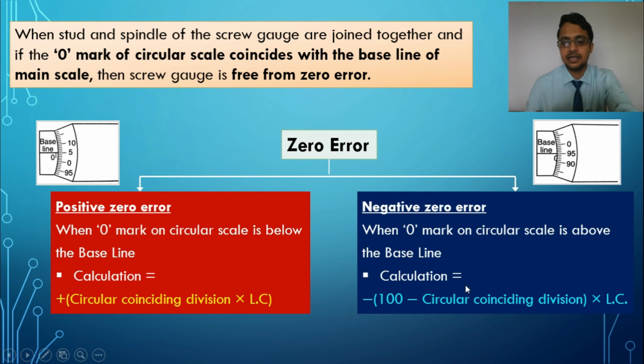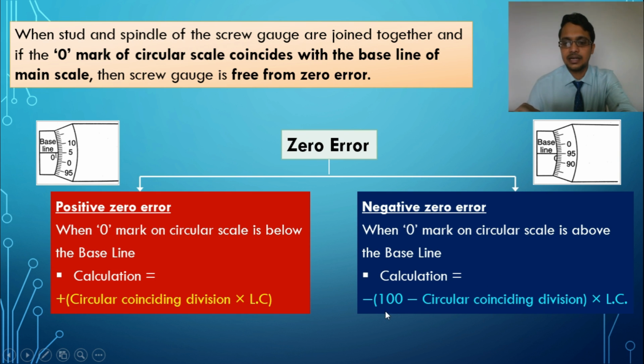For negative zero error, first you will put the negative sign, then the bracket, total number of circular divisions. In the instrument we use in the laboratory, there are 100 circular divisions, minus circular coinciding divisions. It may be 90, it may be 95, it may be 80, 85, 86, whatever. That you will write here as circular coinciding division.